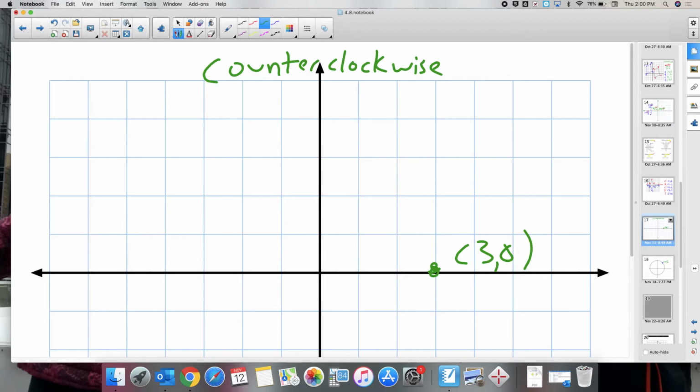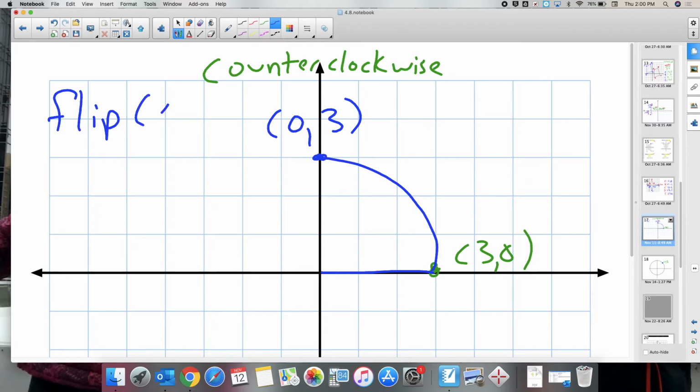So if I take this point 3, 0, and I rotate this 90 degrees counterclockwise, where we actually end up is at 0, 3. So the first thing that's going to happen is we are going to flip our x and y point. Notice 3, 0 became 0, 3.